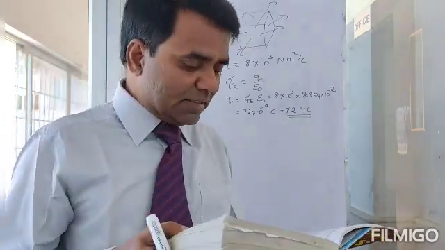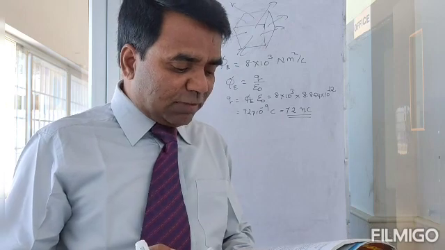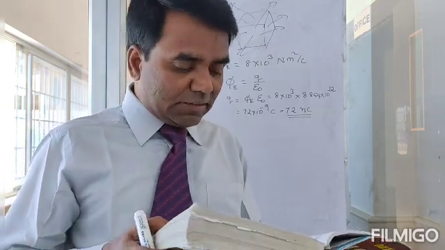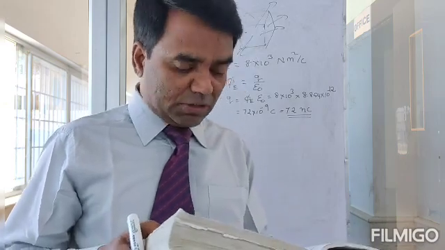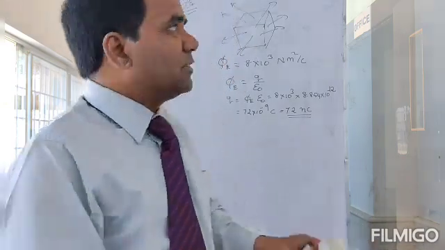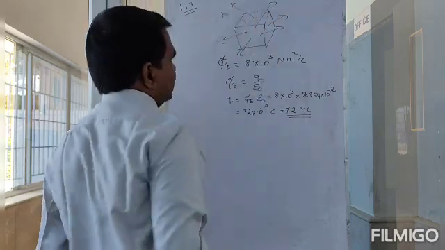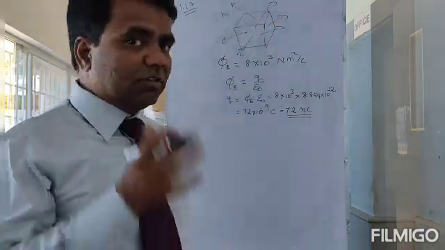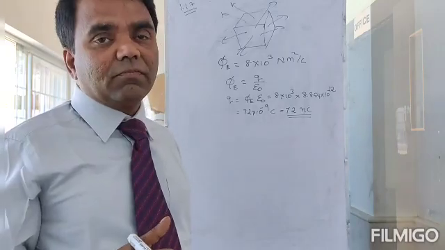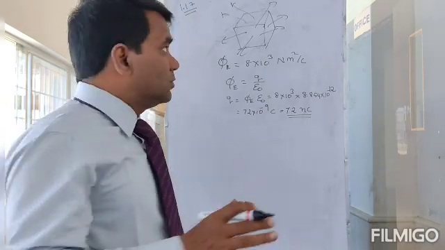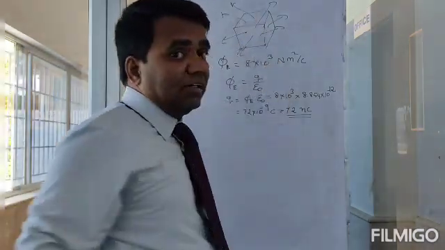Then the second part is this. If the net outward flux through the surface of the box was 0, could you conclude that there were no charges inside the box? Suppose there is no net outward flux. Can you conclude that there is no charge inside? No, you cannot. All that you can conclude is that there is no net charge inside.